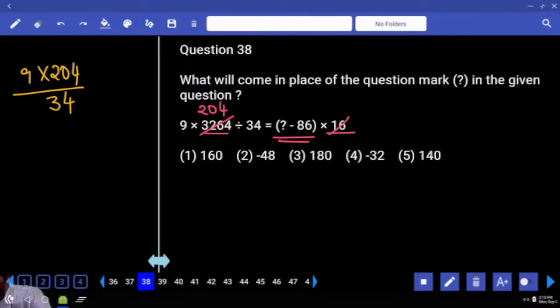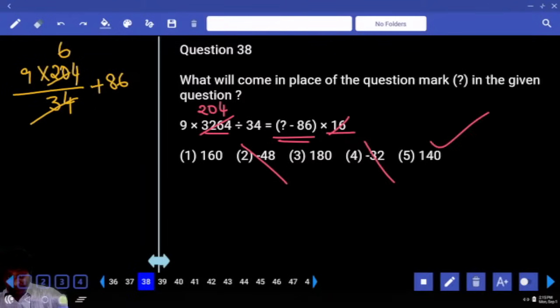Minus 86 comes to the left hand side, becomes plus 86, correct? Right. Is it going to be a positive number or a negative number? I think we have to calculate. No other way, because three options are ending with 0. 34. 4 into which number ends with 4? Either 1 or 6. Exactly 6 times only. 9 into 6 is 54, plus 86, 140.